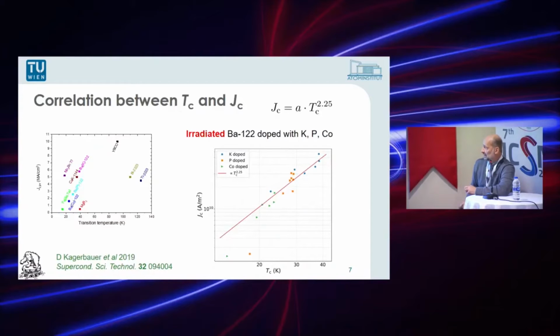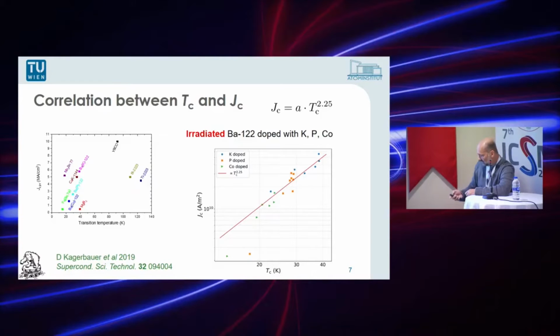Then, in particular in the 1-2 case, we found a very interesting correlation between TC and the bearing current density, which is shown here. This is more or less the same data, but now for more differently doped 1-2 crystals. You see that if you plot JC as a function of TC, you find a linear behavior on a double logarithmic scale, which says that this is just a power law between JC and TC.